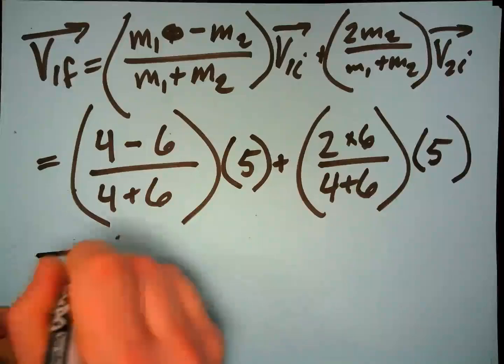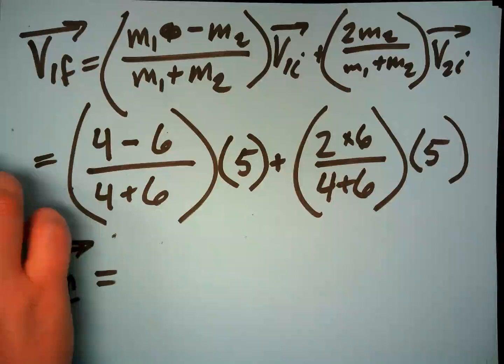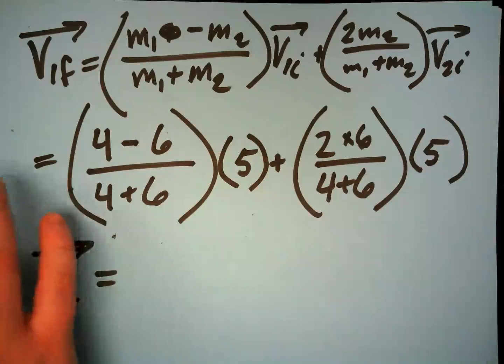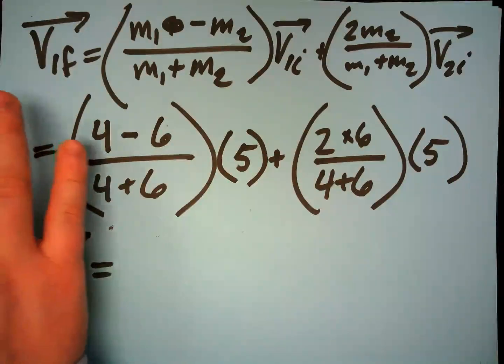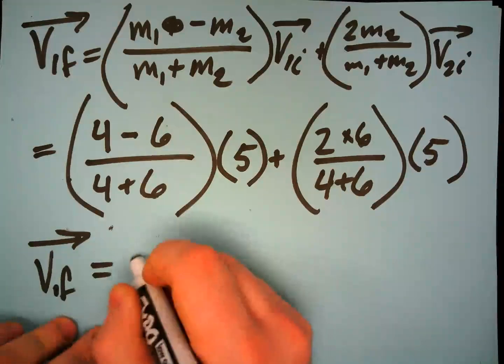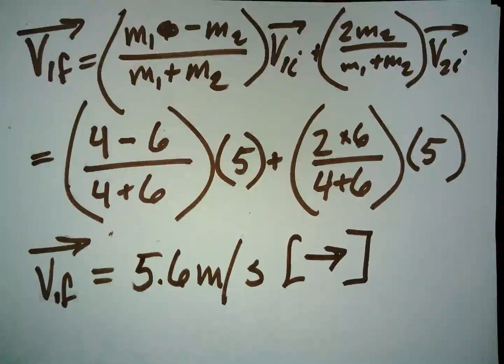So then the initial velocity, once we've got all that figured out, 4 minus 6 divided by 10 times 5 plus 2 times 6 over 10, or 12 over 10, and that's going to give us a velocity of 5.6 meters per second, and it is positive.